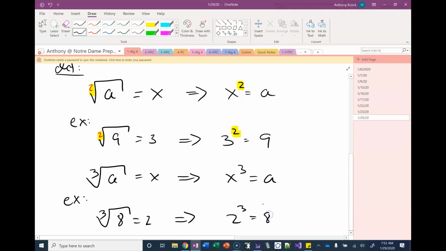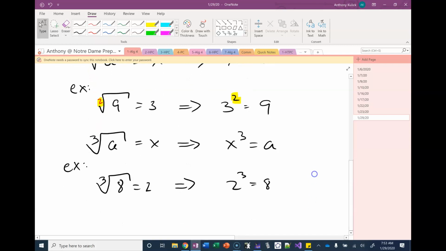So 2 cubed should give us 8. Is everybody okay there? And if we extend this to the most general situation, if the nth root of a is equal to x, what does that tell us?